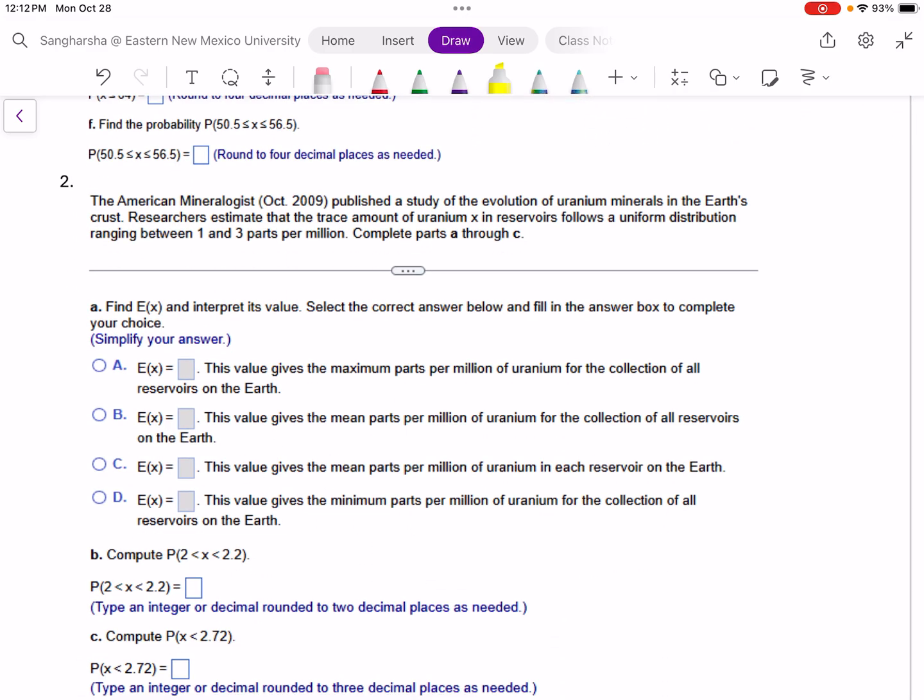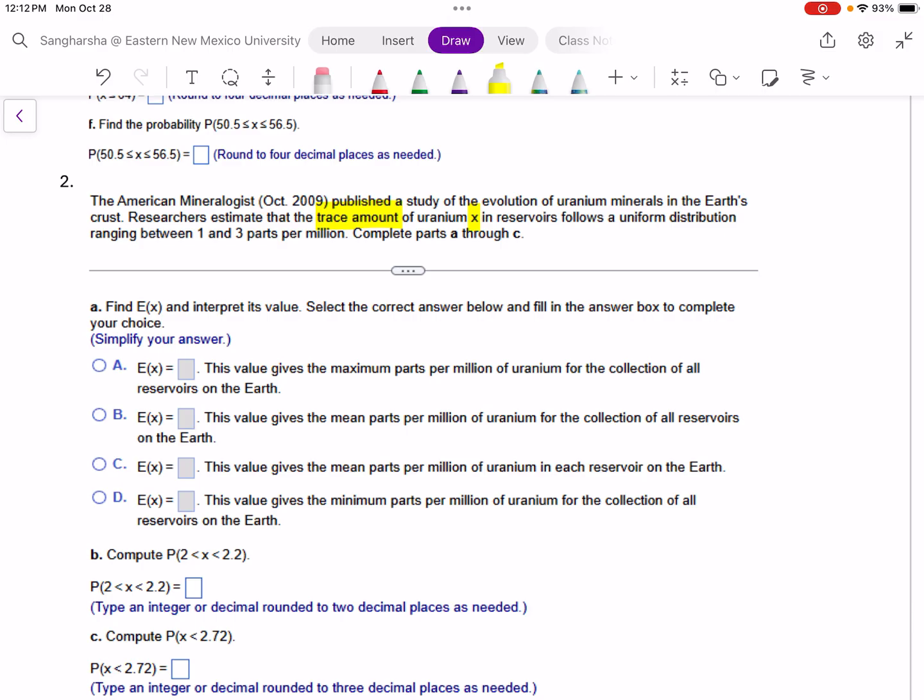Okay, so in number 2, the American Mineralogist, October 2009, published a study of the evolution of uranium minerals in the Earth's crust. Researchers estimate that trace amount of uranium X, so X is the trace amount, okay? Now, is this a discrete or a continuous random variable? So they define X as the amount of uranium.